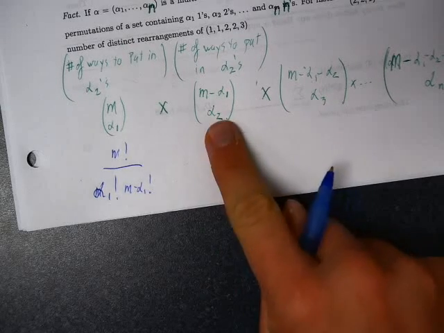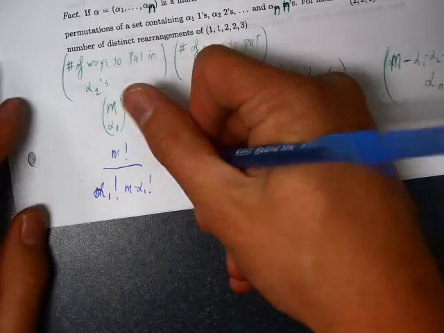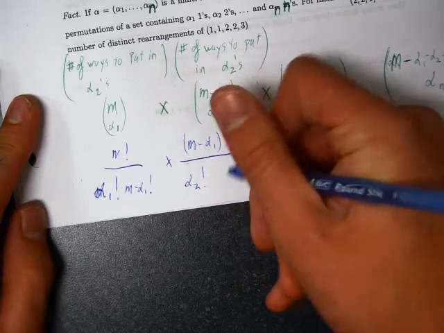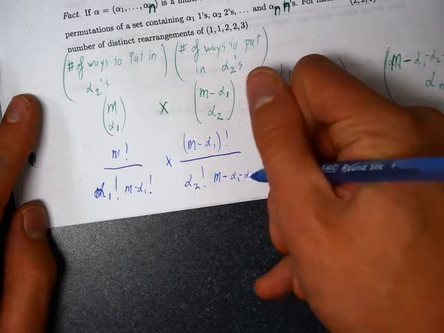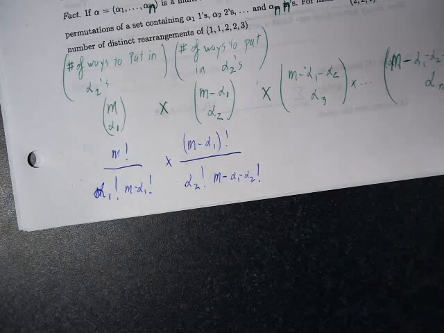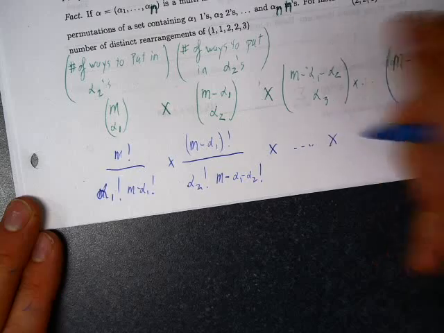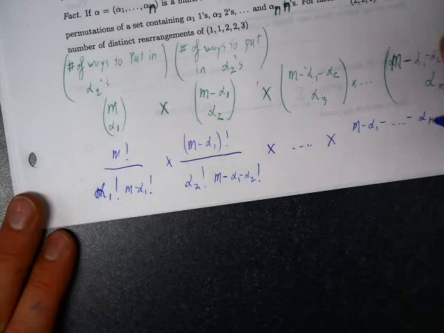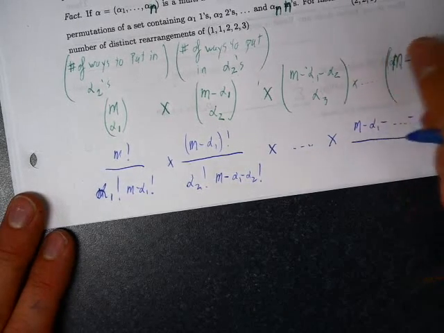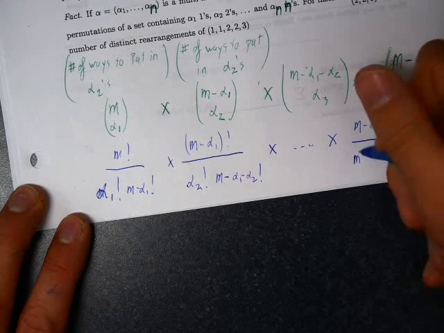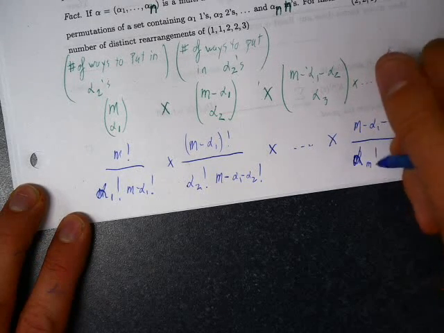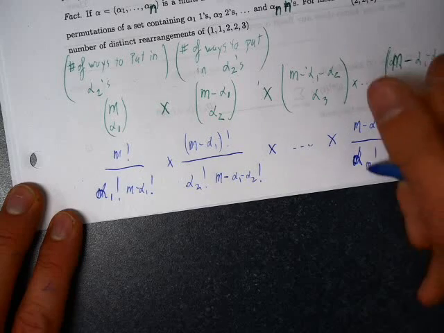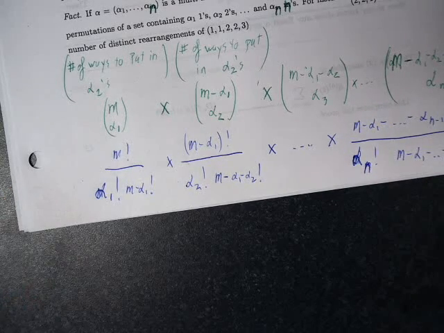What's the formula for m minus alpha 1 choose alpha 2? And so you wind up with something like that.